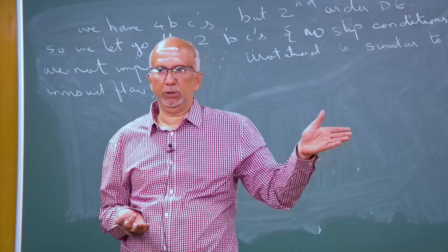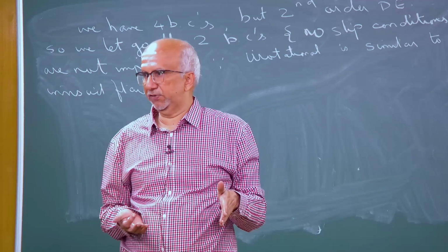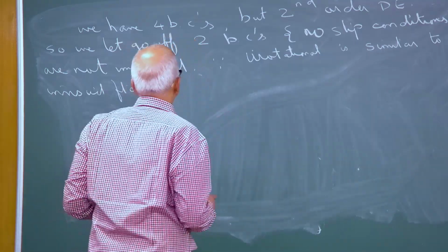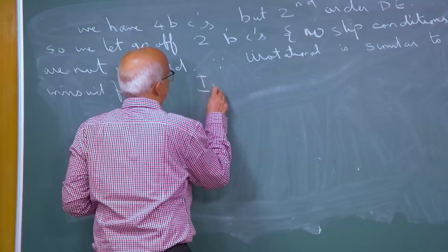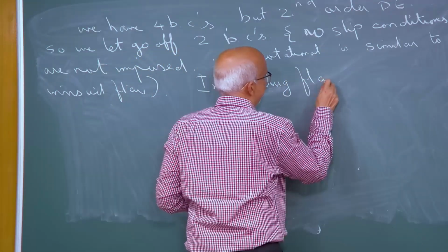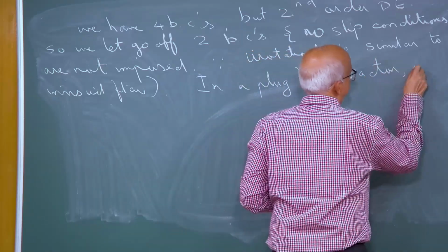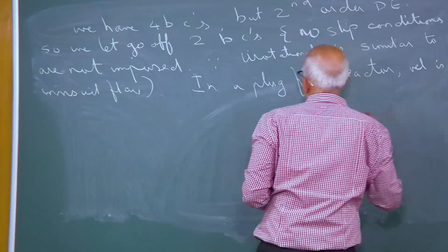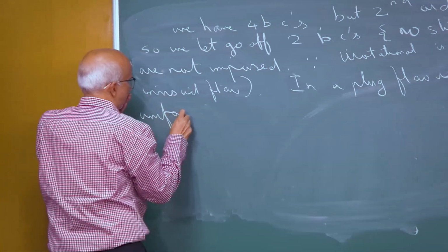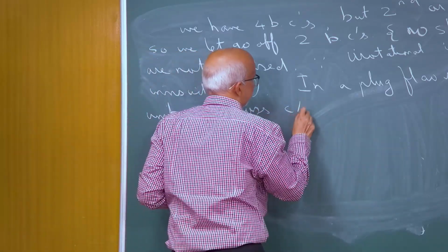The liquid is slipping past the wall, the no slip condition is not satisfied. So like a PFR, in a plug flow reactor, velocity is uniform across the cross section.